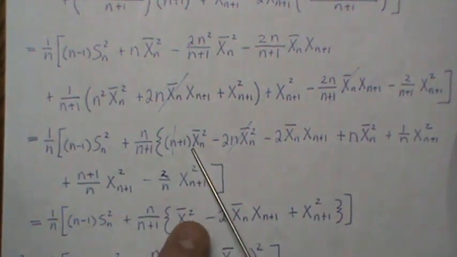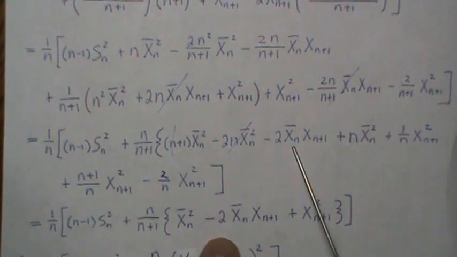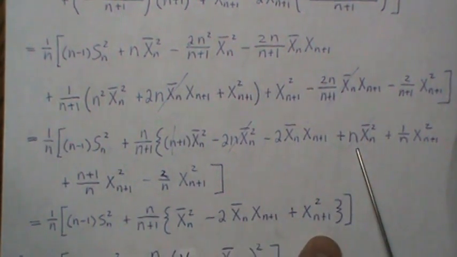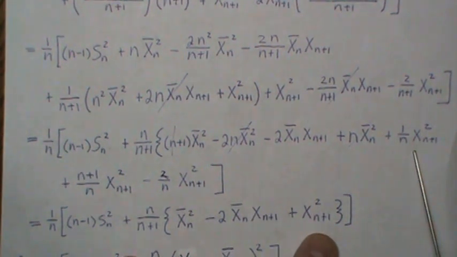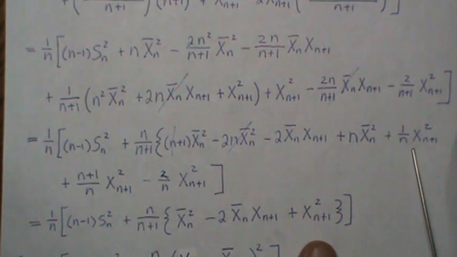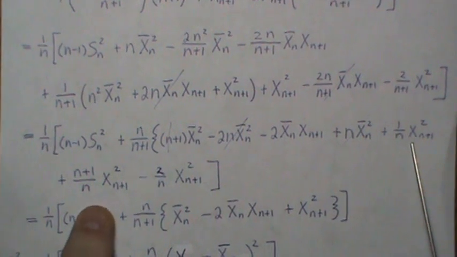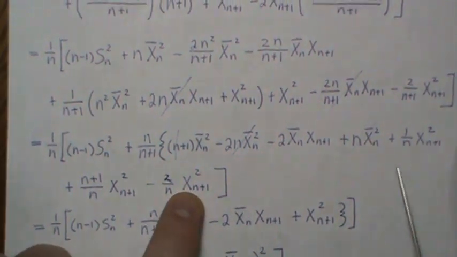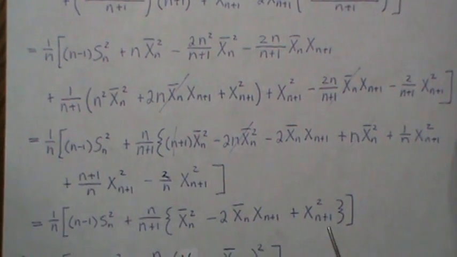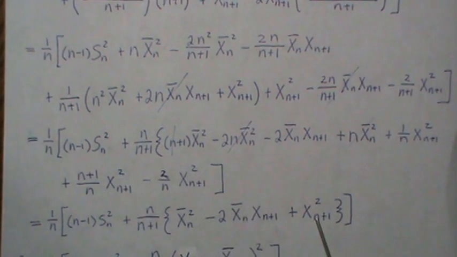We get that 1 left right here. That comes down. That's canceled. And then we get this. When you combine this term and this term, it just adds to x_{n+1} squared.